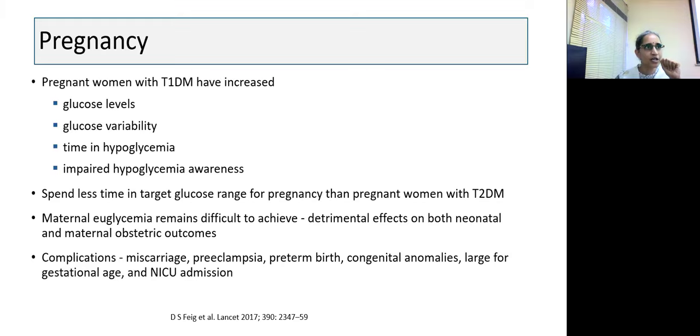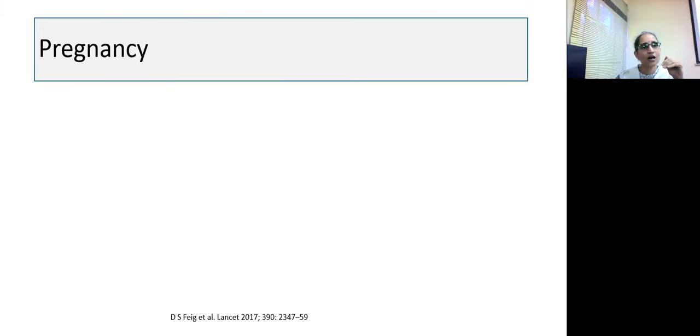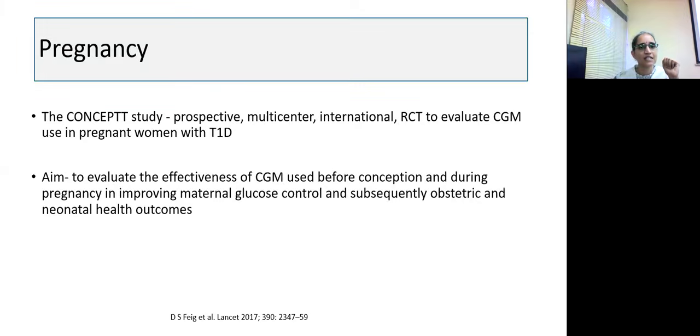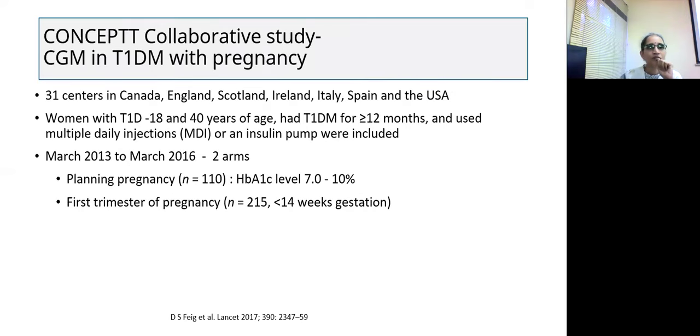So can we use a CGM in order to fine-tune the glycemic control in patients who are going through pregnancy? This was studied in the CONCEPT study to evaluate CGM use in pregnant women with type 1 diabetes. They enrolled patients in 31 centers from different countries, mainly Europe and USA.